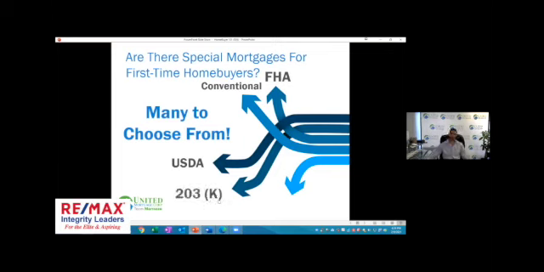Next one is 203K. This is an interesting one. If you guys have heard of 203K, this is an FHA program, and it's utilized for rehab. So if you have a borrower that wants to do upgrades to the house, and we could get into the different types of upgrades.